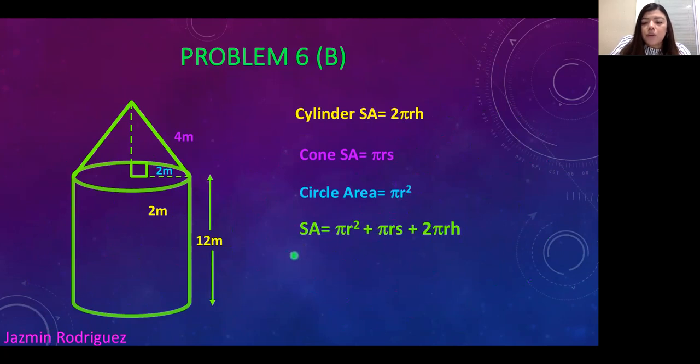So what we're going to do is add up all of our 3 surface areas, and that's going to give us the total surface area of the entire figure. So we'll plug that in, and we'll get that our surface area is equal to 188 meters squared.